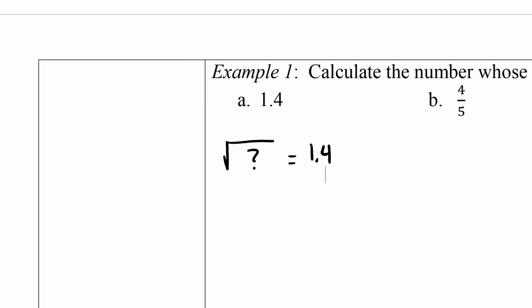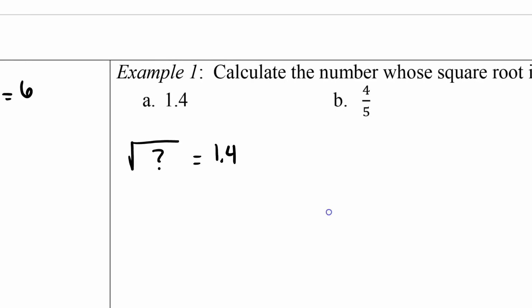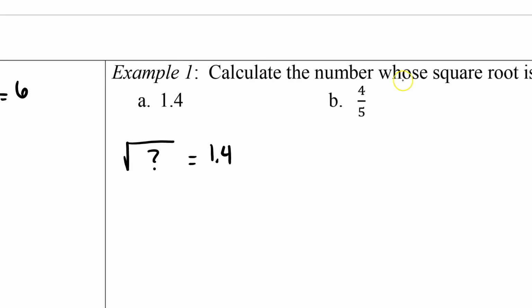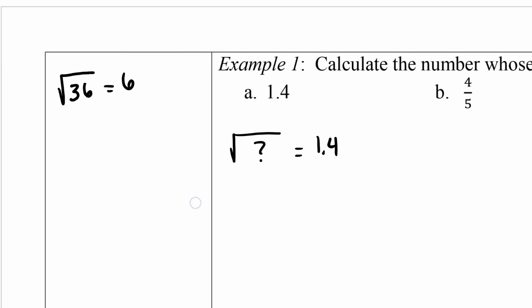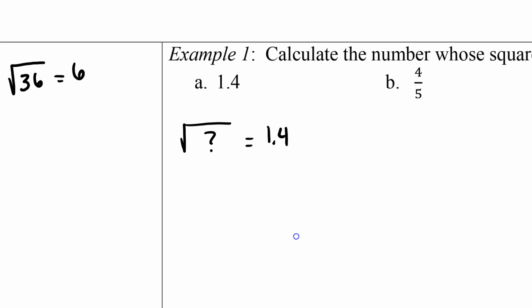Let's just work a really easier example here. If I would say the square root of 36, I would say that the square root of 36 is 6. So if I were to say calculate the number whose square root is 6, I would say that's 36, because 6 squared is 36.